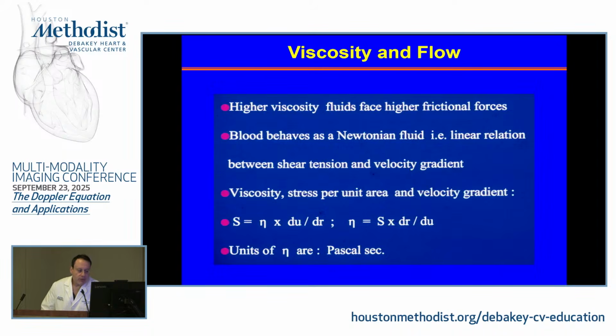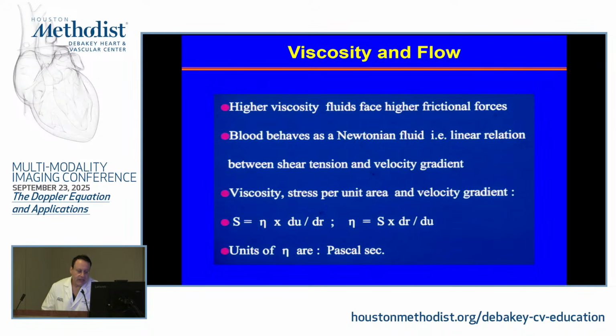So if I want to express that relation and then show you where viscosity comes, this is the shear tension and this is the velocity gradient. It is a velocity gradient in terms of space, distance, not over time. Velocity over time, as you know, is acceleration. So this is the relation that we are interested in.